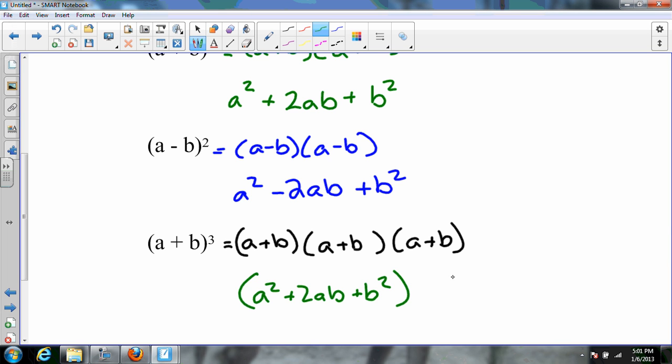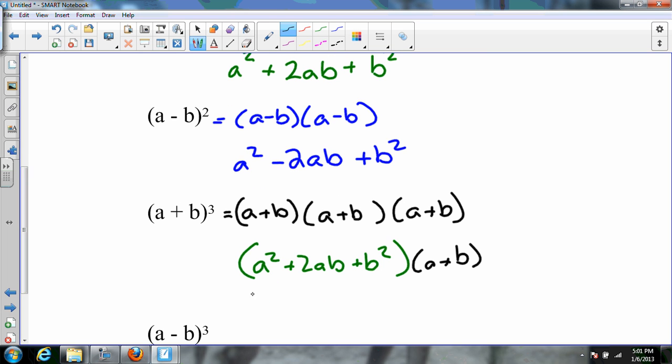Now all we have to multiply it by is one more a plus b, and we end up getting a cubed plus 3a squared b plus 3ab squared plus b cubed.